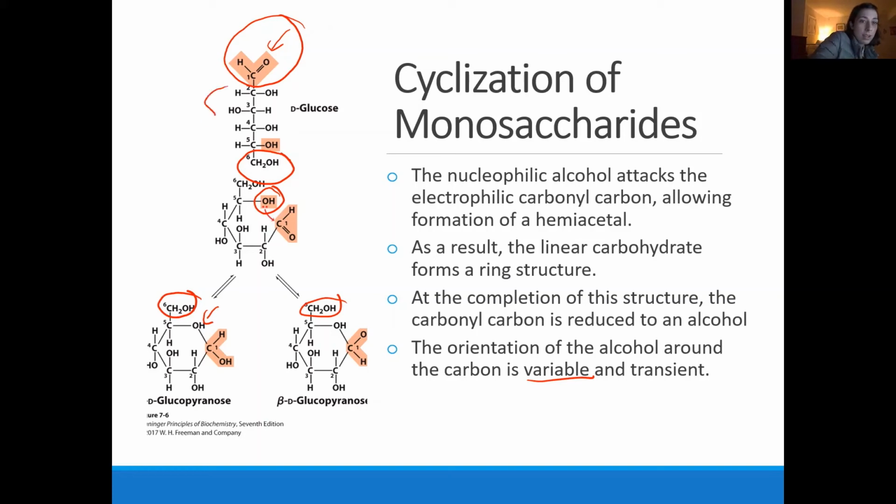This section here is the variable section, the section that, depending on what sugar it is, has a different situation of OHs up or down. So to remember how to take that information in a linear form and make the OHs in their up and down form on a ring, the easiest way to think about it is to remember how they are linearly.